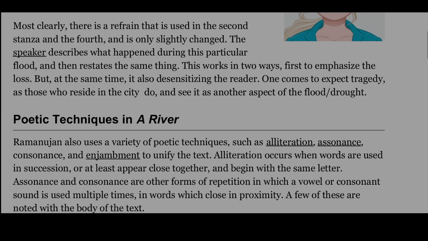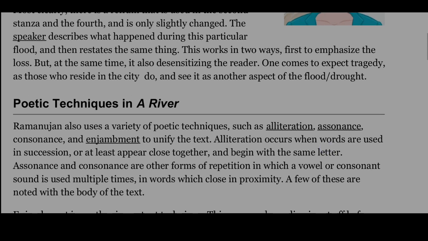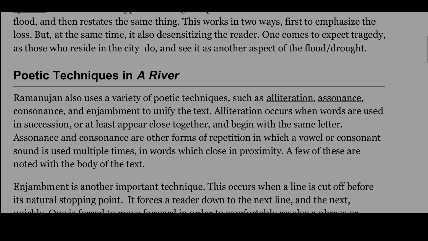Most clearly, there is a refrain that is used in the second stanza and the fourth, and is only slightly changed. The speaker describes what happened during this particular flood and then restates the same thing. This works in two ways.